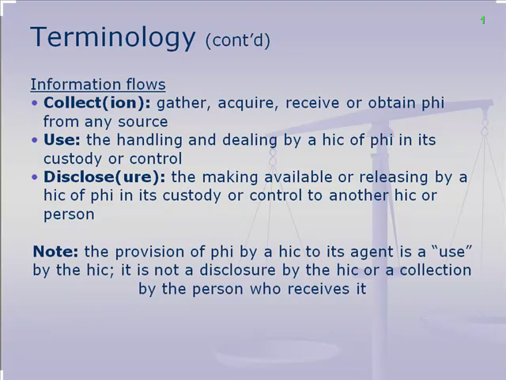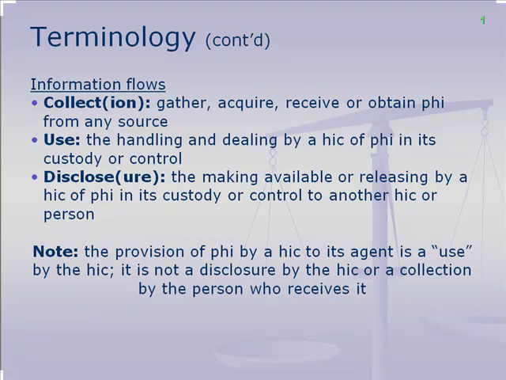for fulfilling this function. They're limited to using that PHI for the hospital's purposes, i.e. providing services for their IT system. So the IT folks are considered in the example to be using the PHI, performing a service on behalf of the hospital.